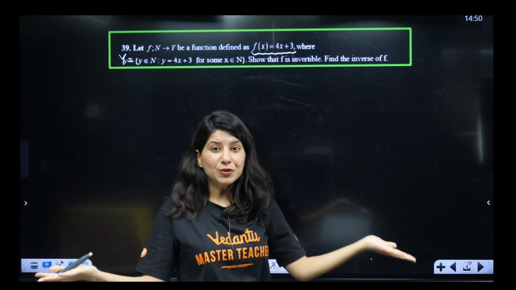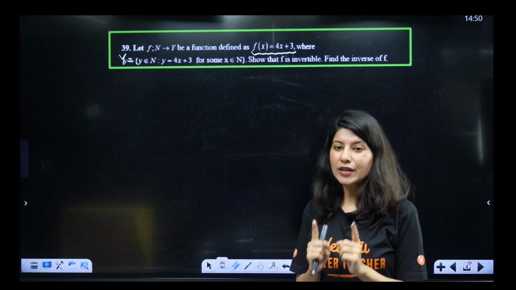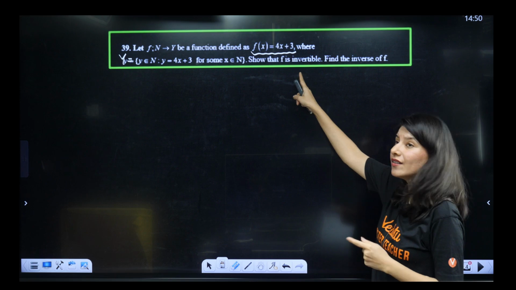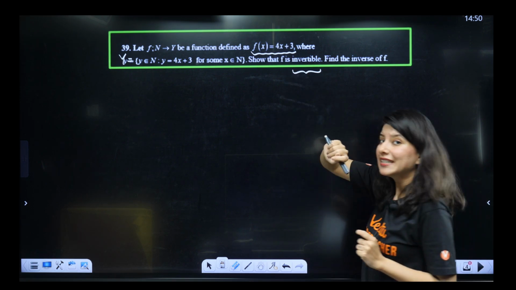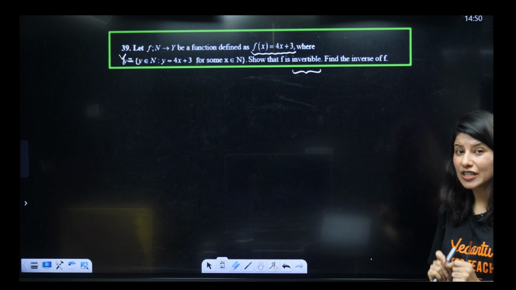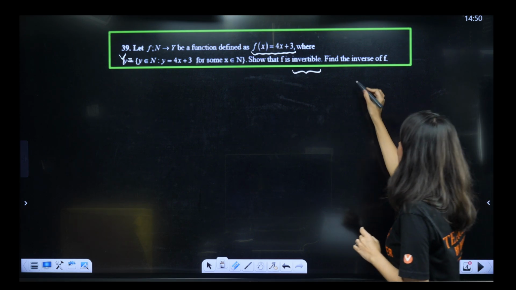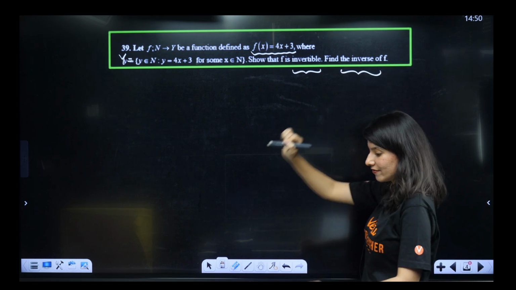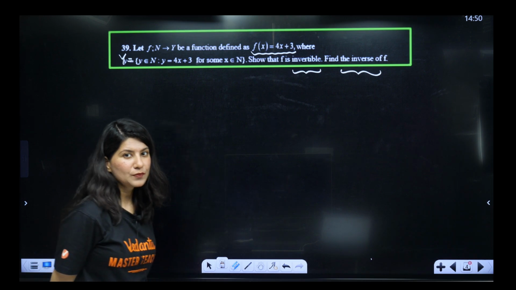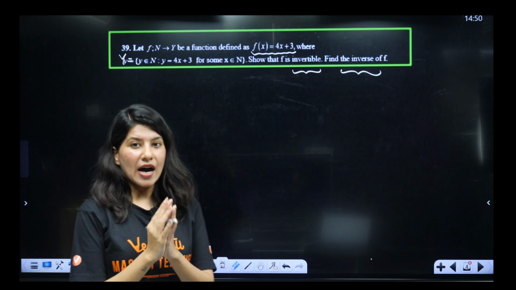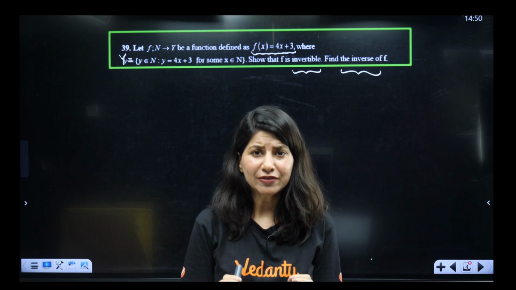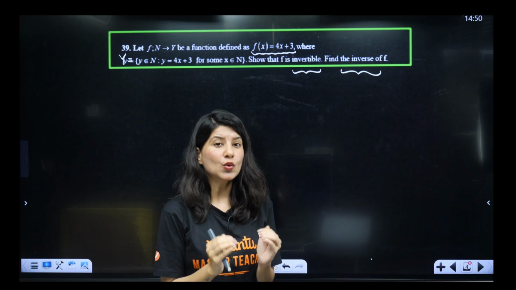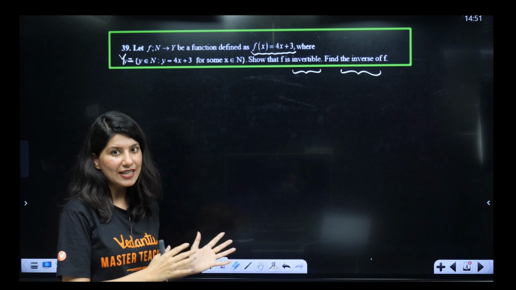Now, what exactly do we have to do? First of all, we need to show that the function is invertible, that is our first job. And the second is to find the inverse of f. We need to write all the steps in detail, neat and clean, so that we can get full marks for such questions.